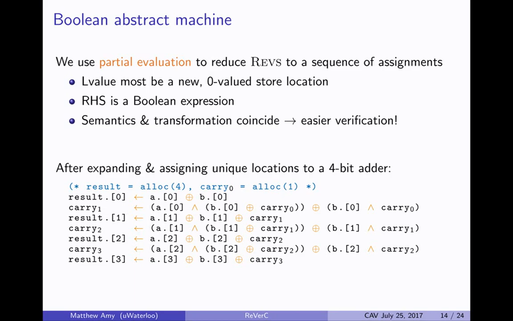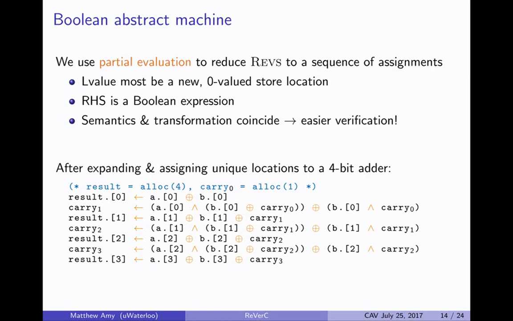This Boolean abstract machine has exactly one operation, which is assignment. The L-value needs to be a new location, or at least a zero-valued location, in order for it to be reversible, and the right-hand side can be any Boolean expression. So what you end up with looks a lot like single static assignment form.